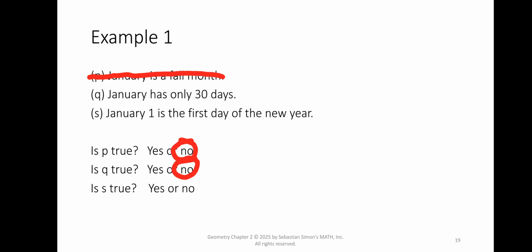So, no. S: January 1st is the first day of a new year. Well, obviously, January 1st is New Year's Day. So it's true. P is false. Q is false. S is true.